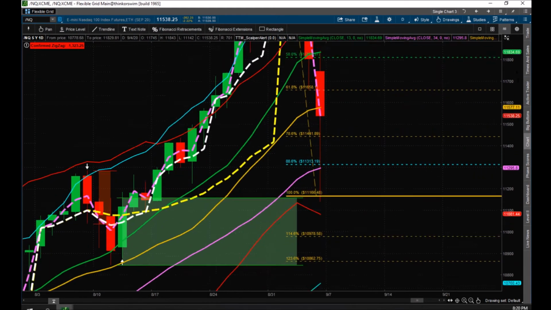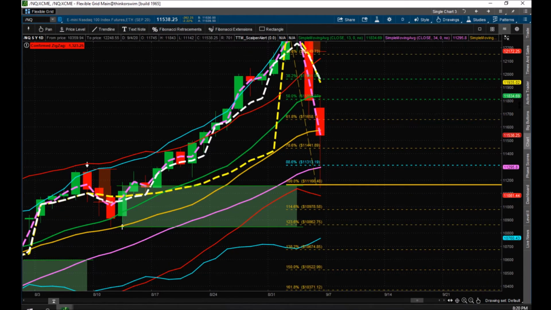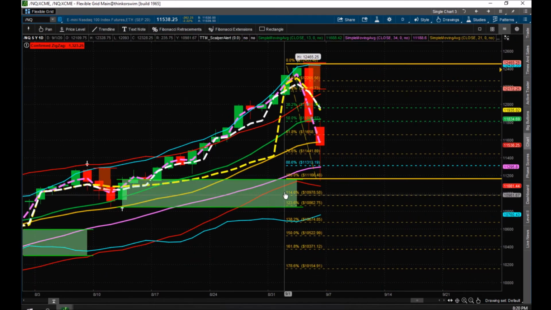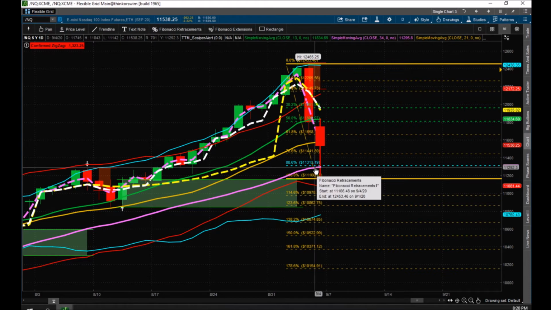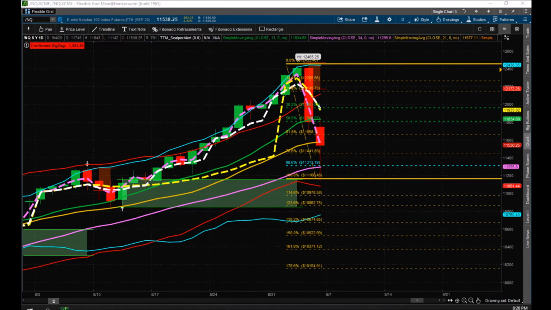So you're saying it goes to the 34 and it can bounce from there, but if the 34 acts as resistance, we will pull down some more. Yes, if the 34 SMA fails to hold, which is this purple line. This is my 34 here, this purple line, at this price here.